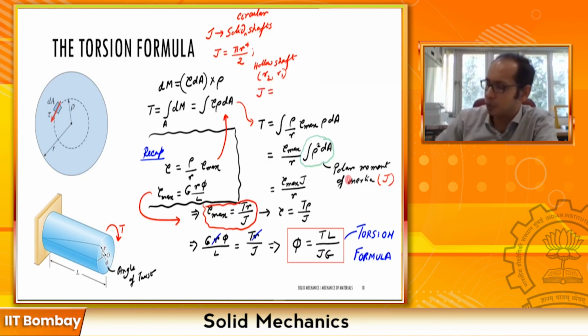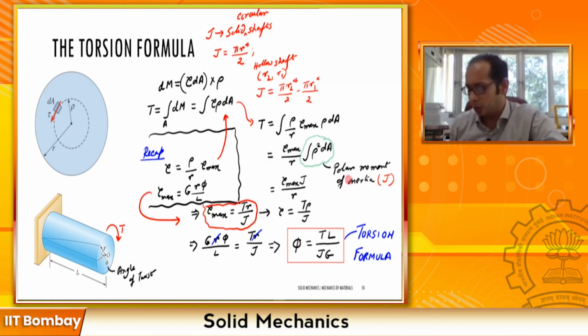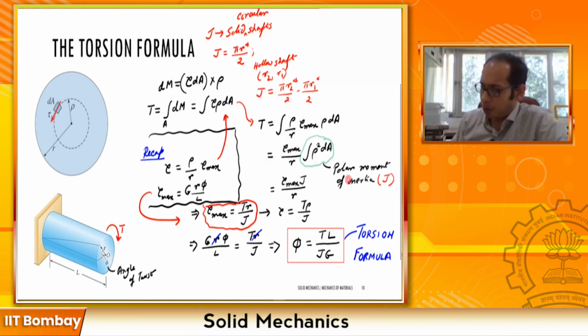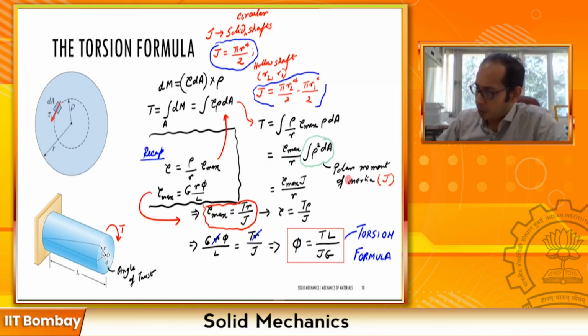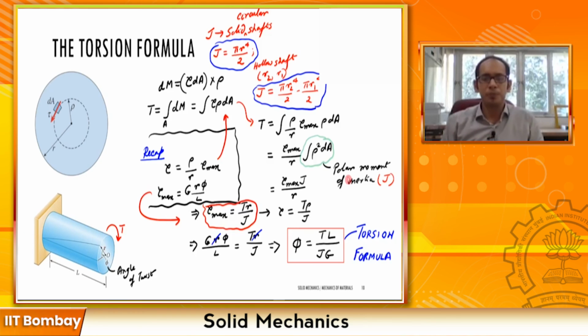J becomes equal to pi r2 raised to 4 by 2 minus pi r1 raised to 4 divided by 2 over here, right? These are some of the important things to remember when you solve problems. So this is also an important relationship, as well as this one. You probably remember this, but I thought I would just write it out over here, right?